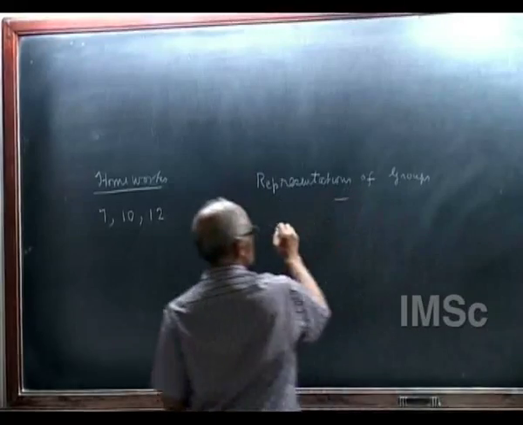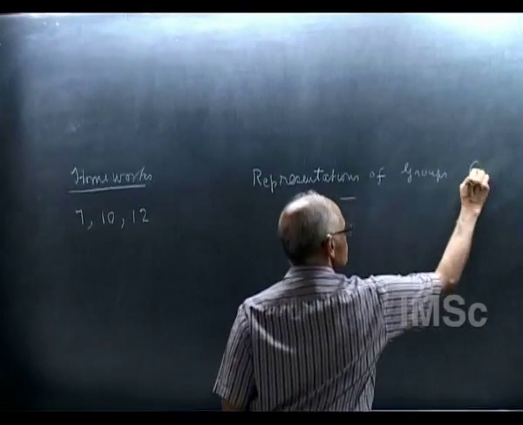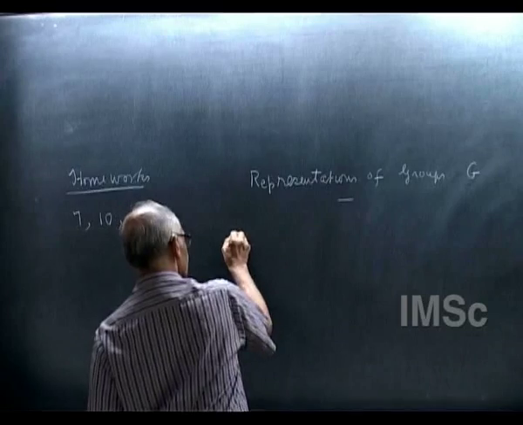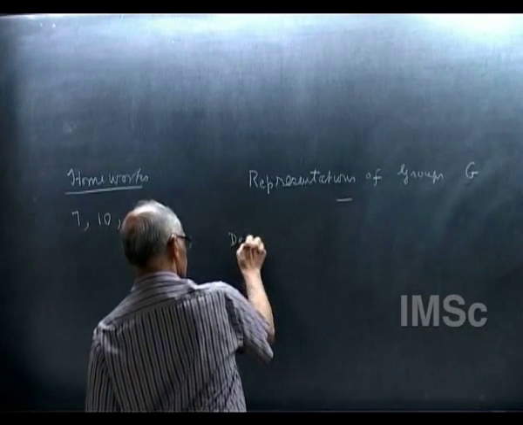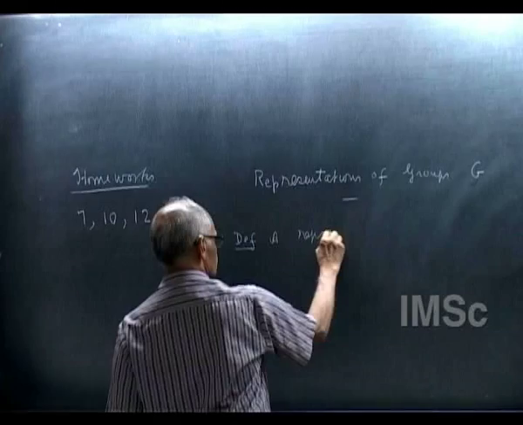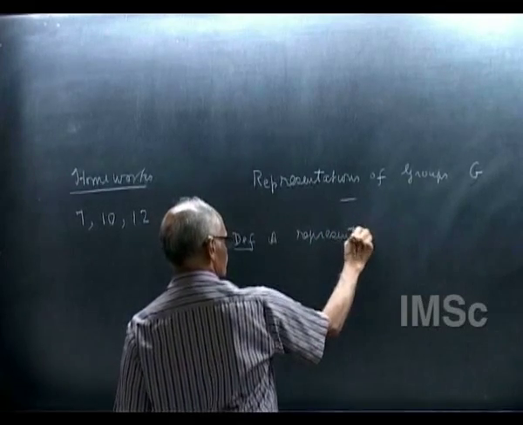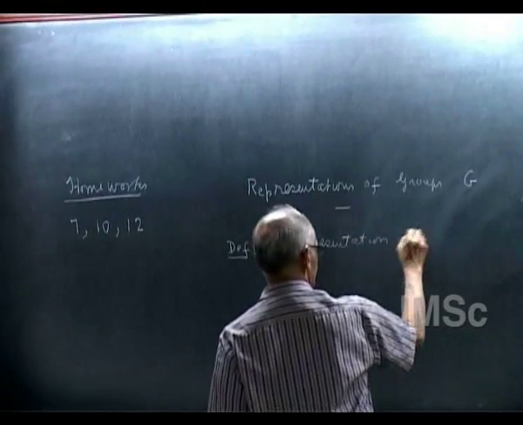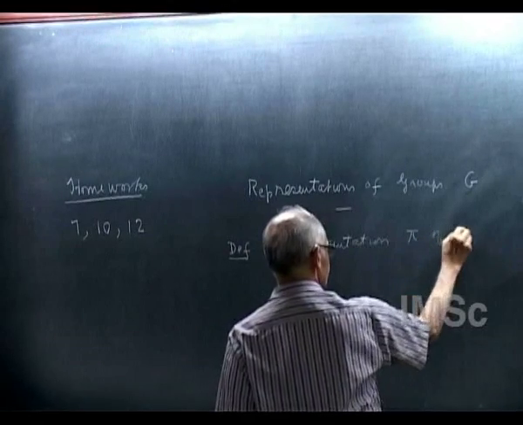So group G. We defined a representation, let me call it pi, of a group G.